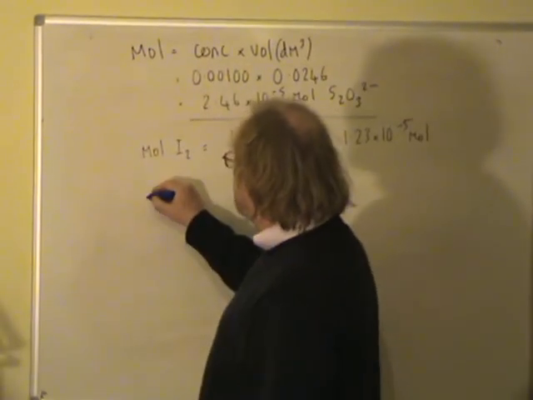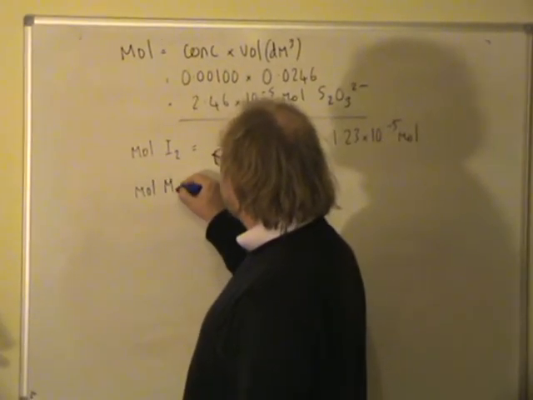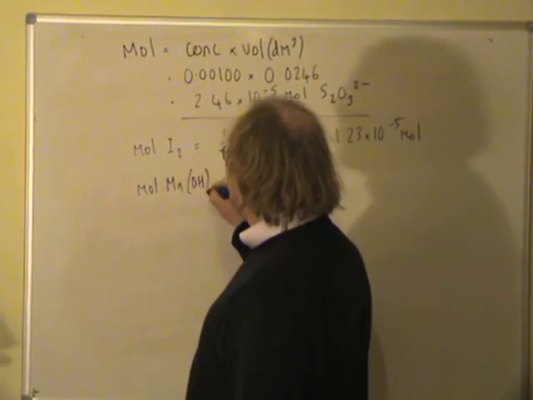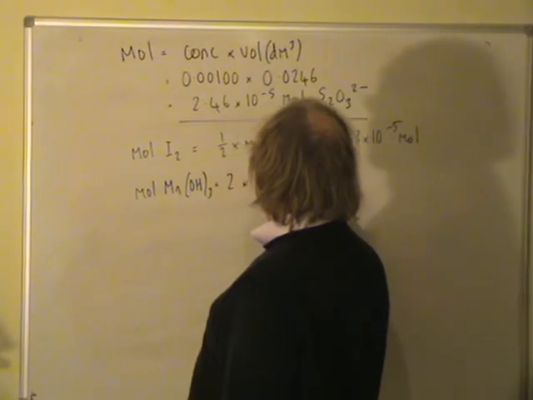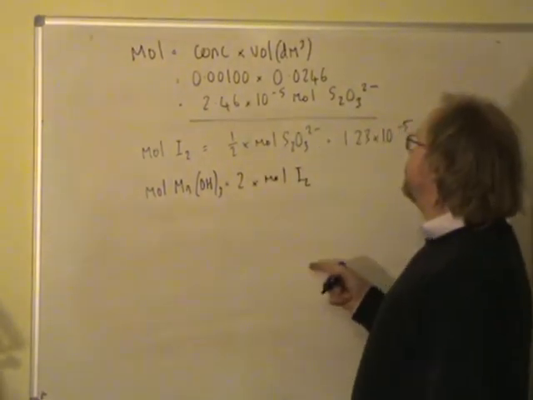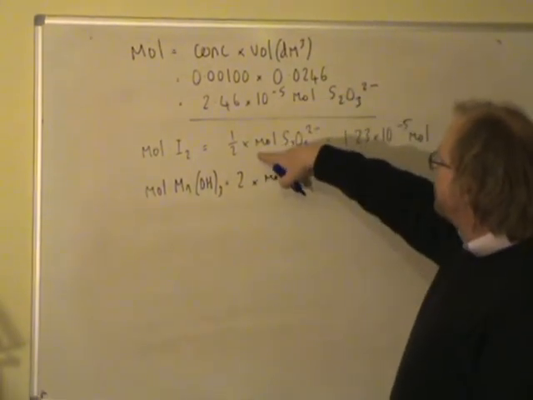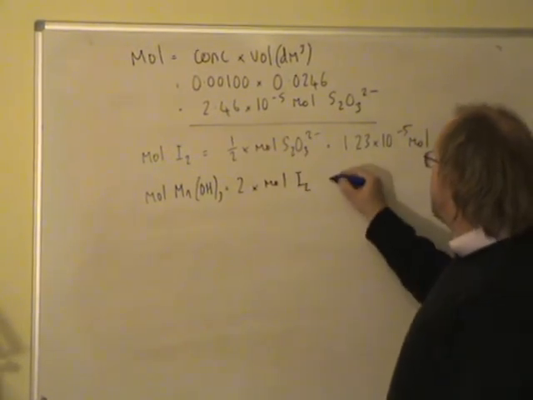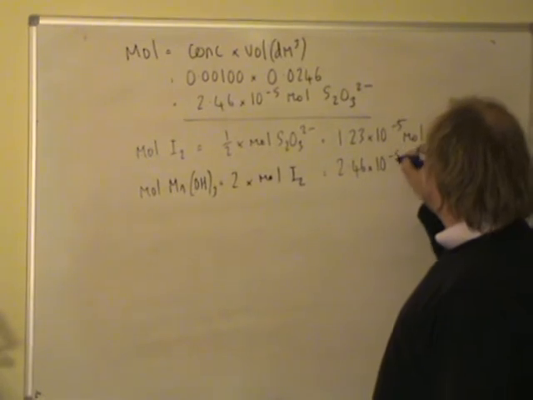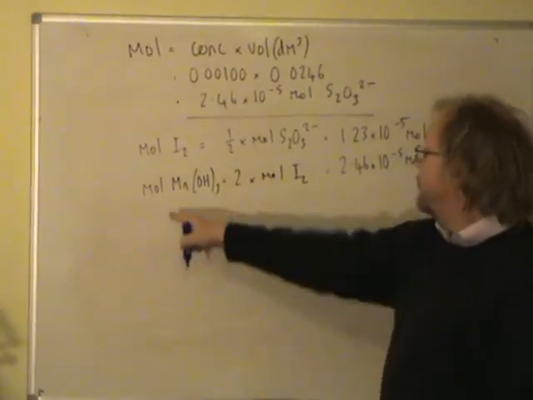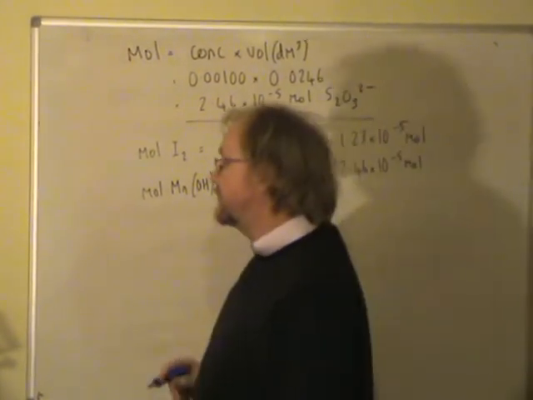So we can say moles of MnOH3 is 2 times the moles of iodine. So we've actually just reversed what we did in the first step. We took our starting number, we halved it, now we're doubling it again. And so we get back to 2.46 times 10 to the minus 5 moles, this time of that manganese compound.